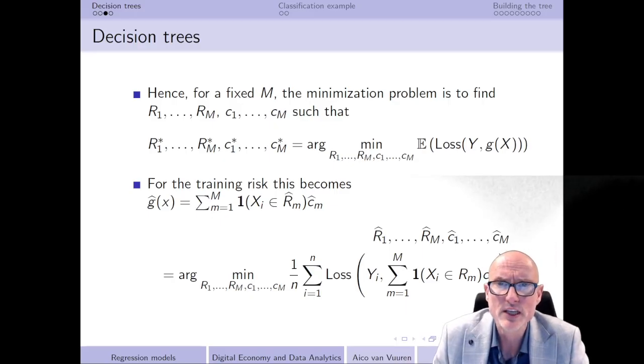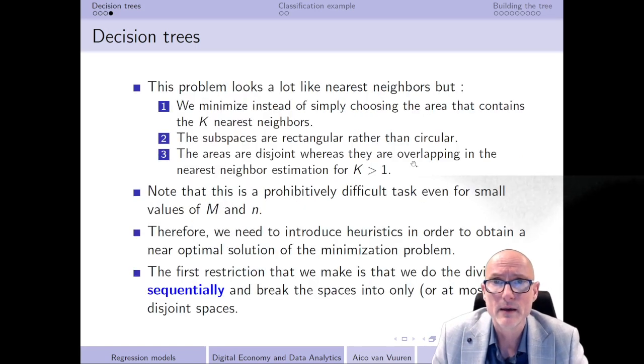So we should take into account that with k-nearest neighbors, all of the neighborhoods are more or less identical. However, they can be quite different with decision trees, and they're completely based on this minimization algorithm.